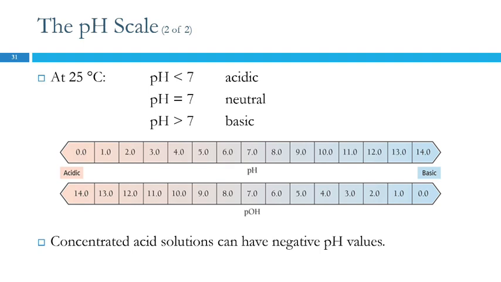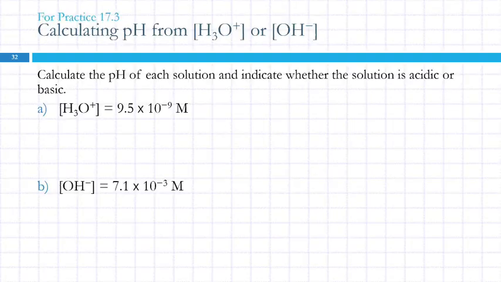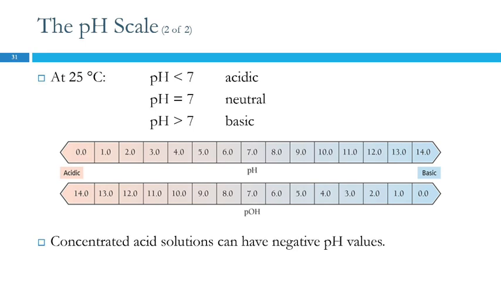What? So if we had something that was 18 molar, there is an acid whose concentrated form is 18 molar. So that would mean, if it's a strong acid, that the hydrogen ion concentration is 18 moles per liter. That is really, really big.